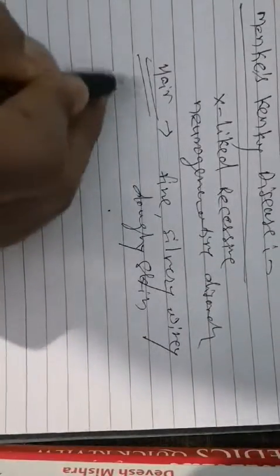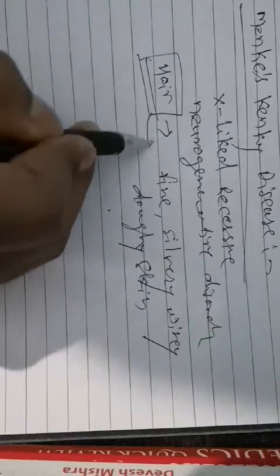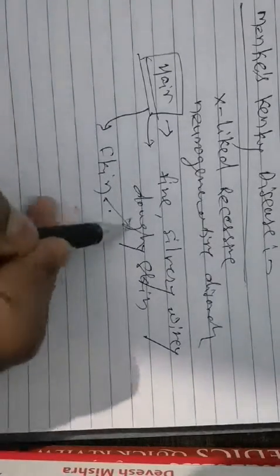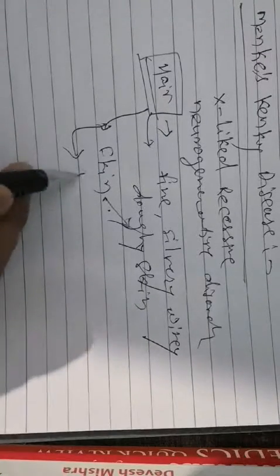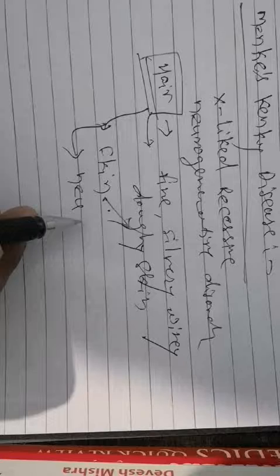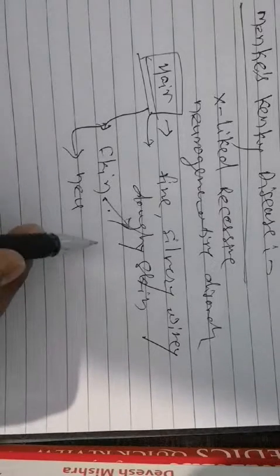Therefore, in Menkes hair disease, not only the hairs but the skin is also involved, resulting in doughy skin, along with progressive neurodegenerative problems and connective tissue disturbances.